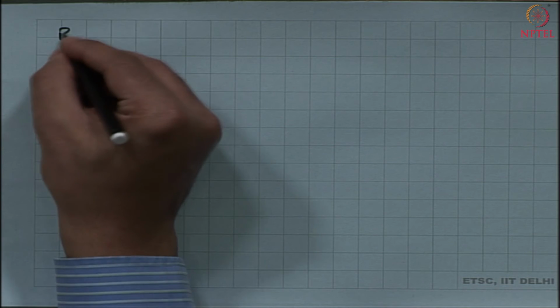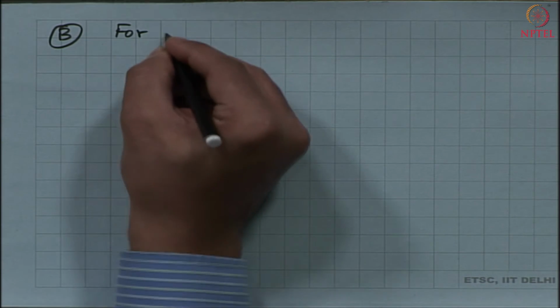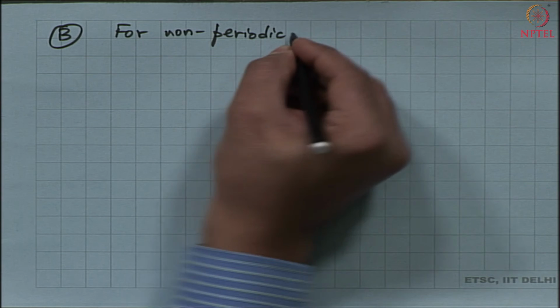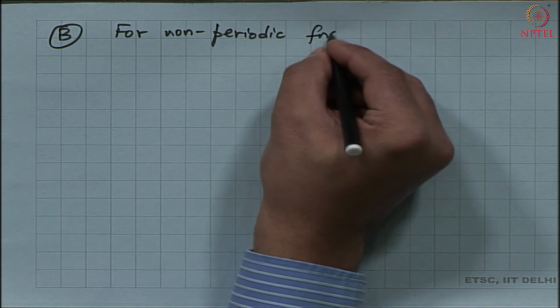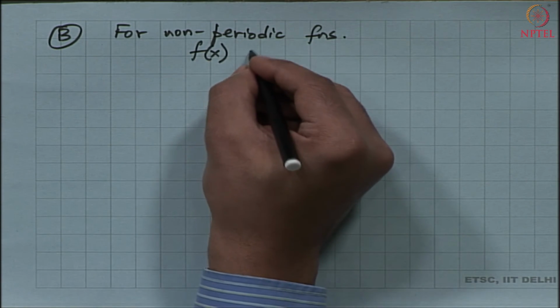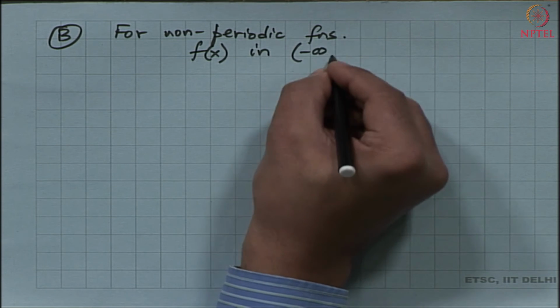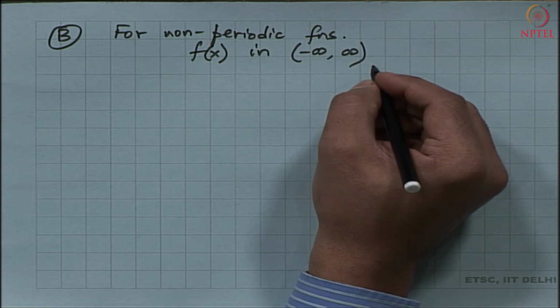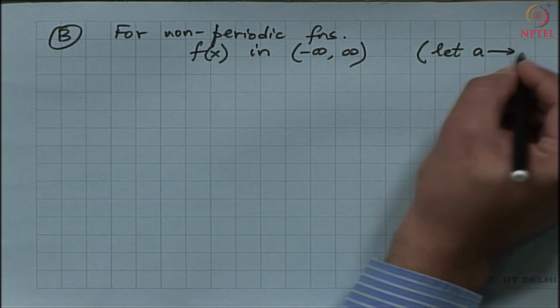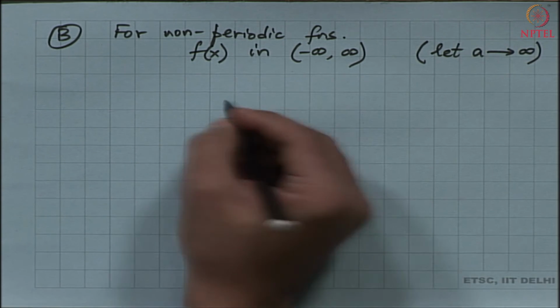for non-periodic functions, let us say f of x defined in the interval from negative infinity to infinity, that is we are going to let our a in the earlier case go to infinity.